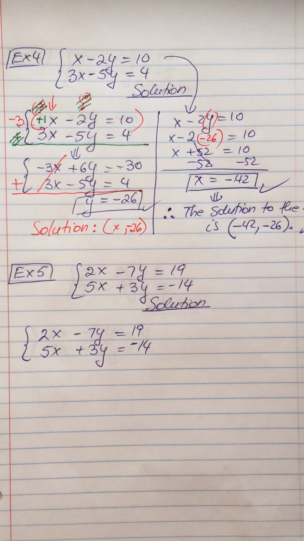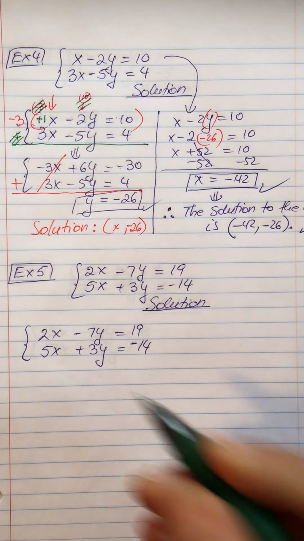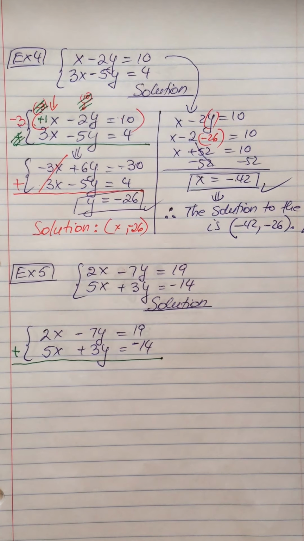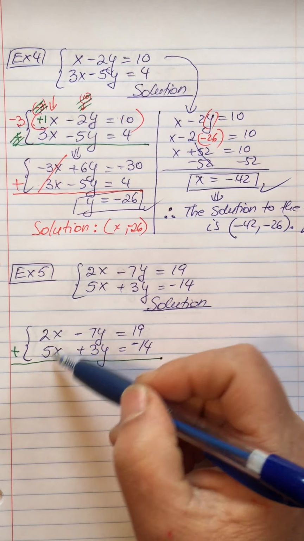So let's go and solve problem 5. Again, I want to add both equations in order to eliminate one of the variables. I'm looking at the coefficient of x if I want to eliminate x.